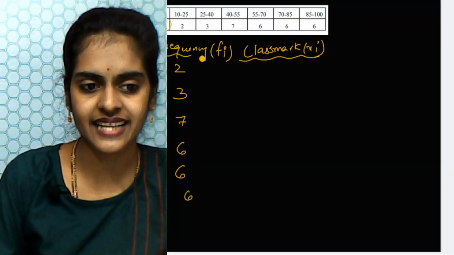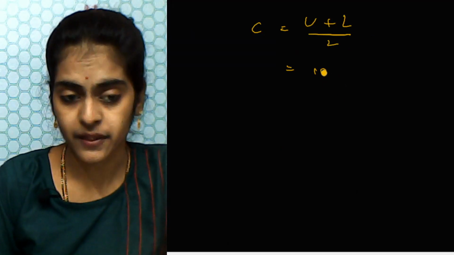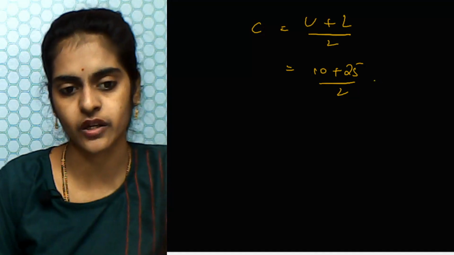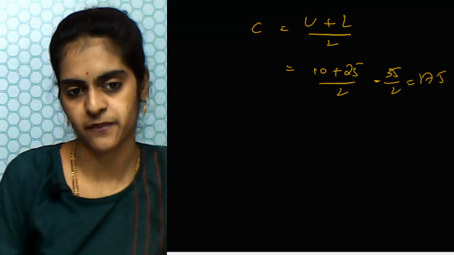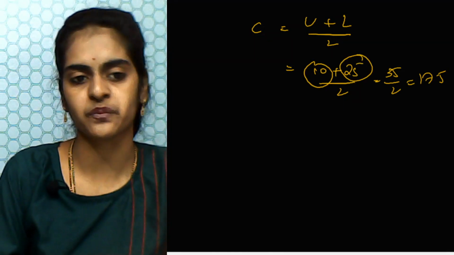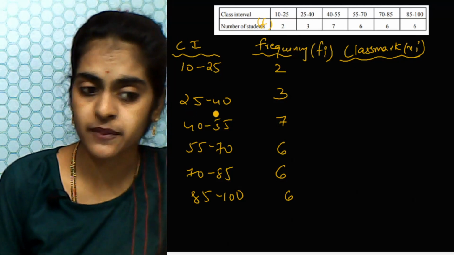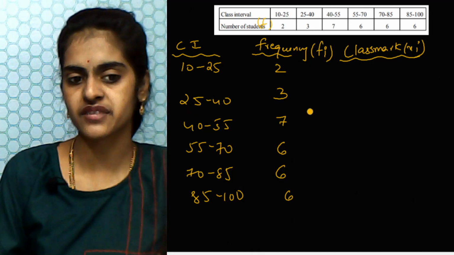Here for 10 to 25, the upper limit is 25 plus the lower limit 10 divided by 2. So it gives you 35 divided by 2, which is 17.5. Now here also, the lower limit is 25 and the upper limit is 40. So 25 plus 40 is 65 divided by 2 gives the next class mark.